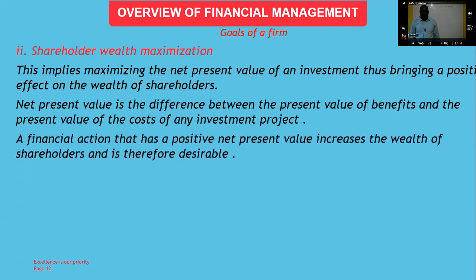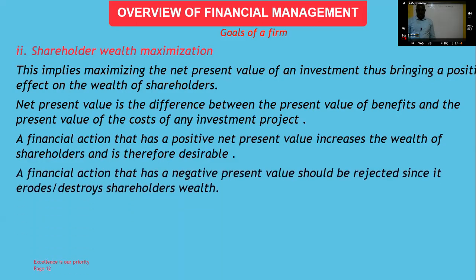But a financial action that has a positive net present value increases the wealth of shareholders and is therefore desirable. If we get that the difference between the present value of the cash inflows and the cash outflows is greater than zero, that means it's a positive net present value. Therefore, that implies it increases the wealth of the shareholders and should be desired.